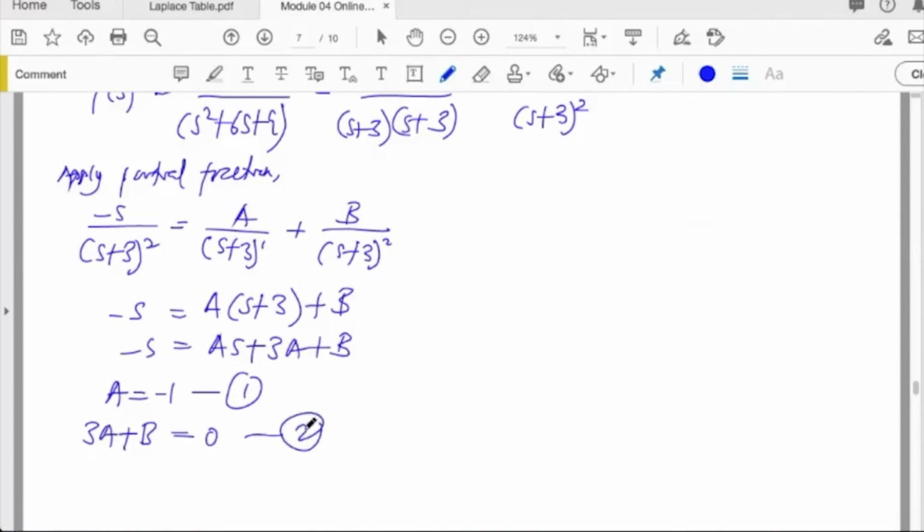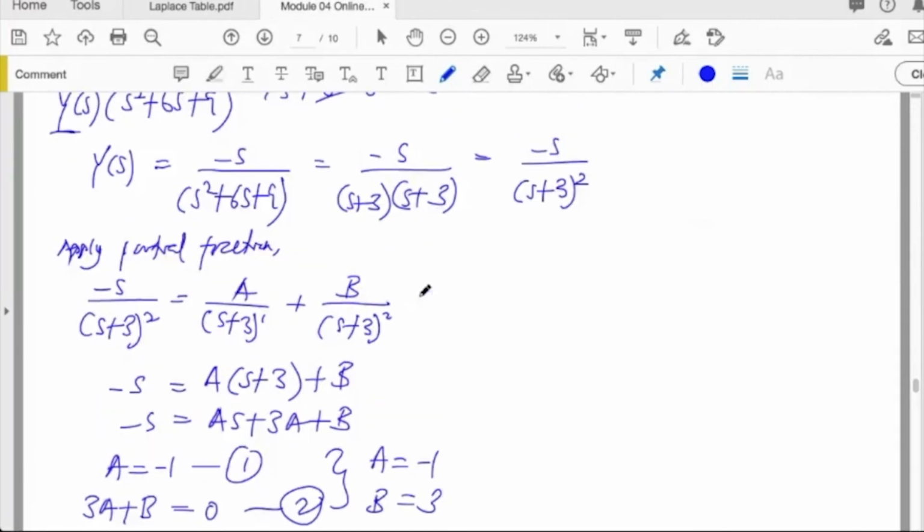If you solve these two, a is negative 1 and b is 3. So you put it back here, and you get Y(s) equal to negative 1 over s plus 3, plus 3 over (s plus 3) squared.